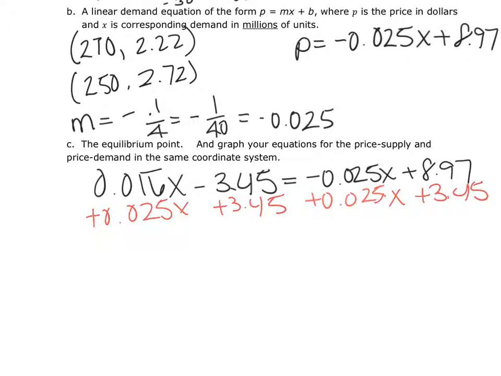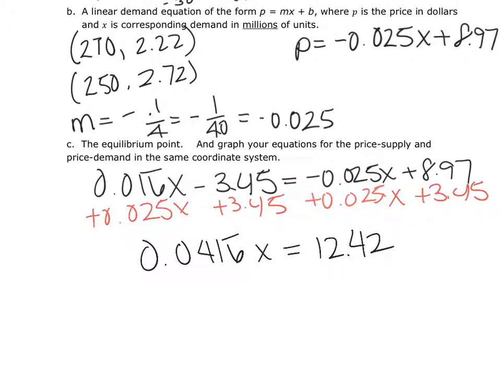So on my x's, I add these together. Now, when I added these, because one is a repeating, I went back to the fractional form. I added 1/60th plus 1/40th, and so I ended up with 0.0416 repeating x. And then on the other side, I ended up getting 12.42.